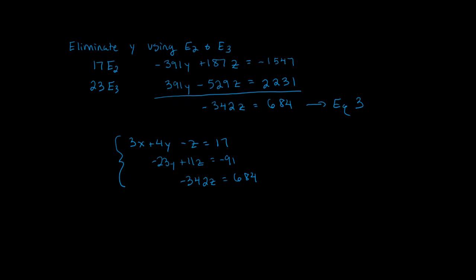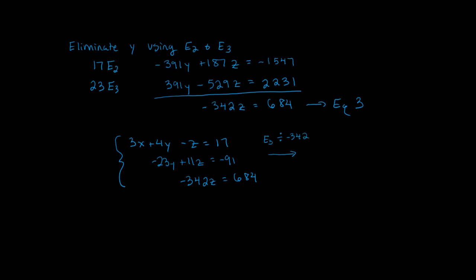So we're not in row echelon form yet because we have coefficients in front of each of these, the x, the y, and the z. So we need to divide both sides of the last equation by negative 342. If you want to be lazy about that, you can just say equation 3 divided by negative 342.